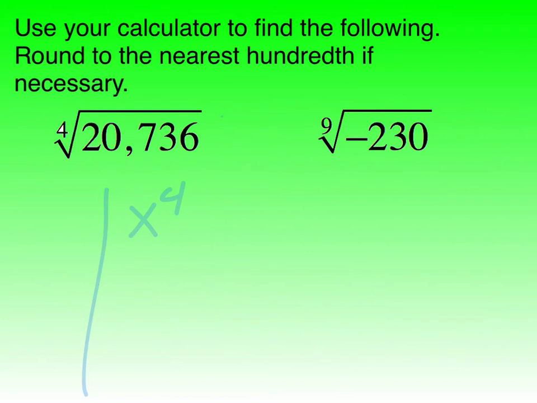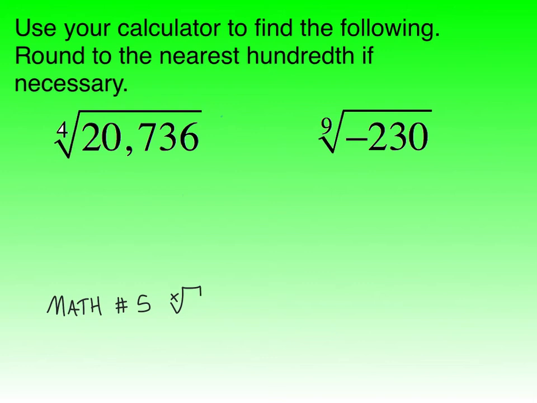So try these two. Can you type the fourth root of 20,736 into the calculator? All right, try that for yourself real quick. So the way you would type that in is you would first find the math button on your graphing calculator. When you push math, if you look down at option number 5, you get that x to the root.